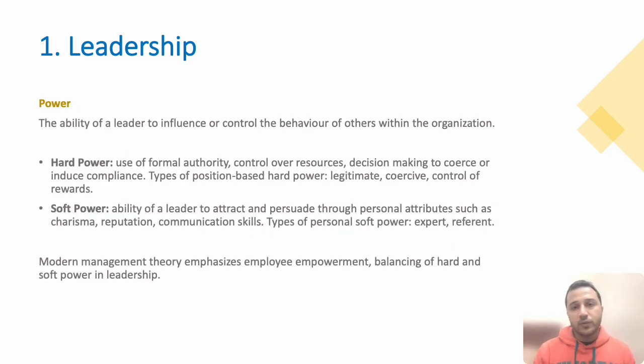Another way of influencing people by the leader is the use of power. There are two types of power. One is the hard power, which comes with your job and your authority, and the second one is the soft power, where you use your personality, your character, your charisma to influence other people. Which one is good? There is no good and bad. It depends on how you balance between both.